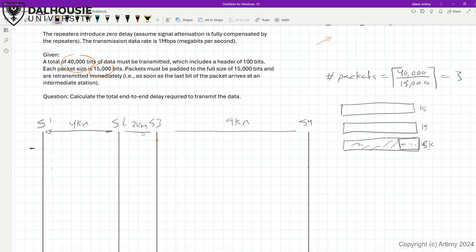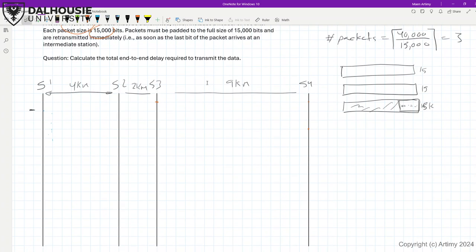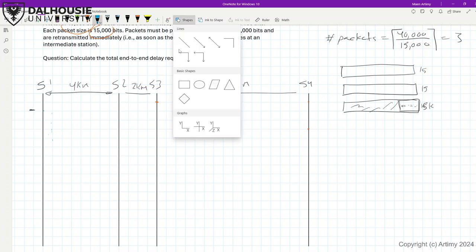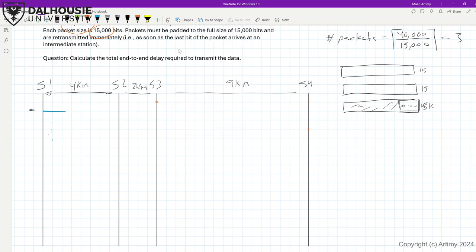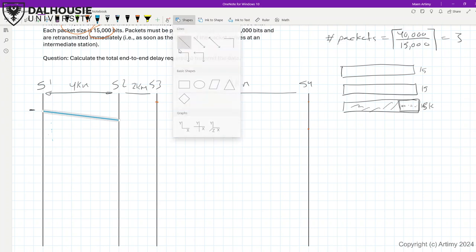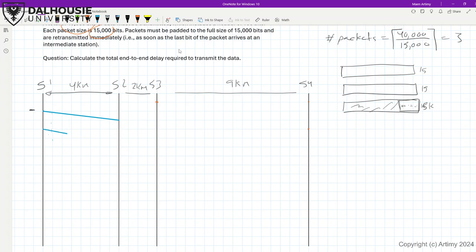So now I have an idea of the shape of the solution. I am sending packets, let's take the blue color here, from here to here. This is the first one, and this is the end of the first one.